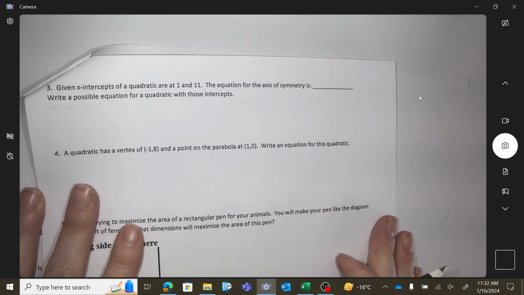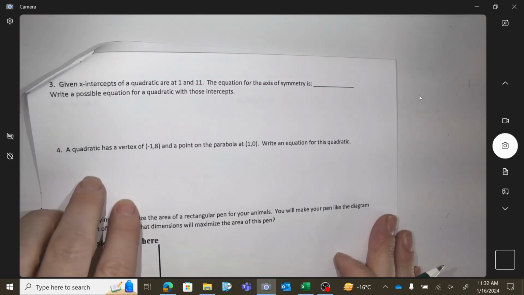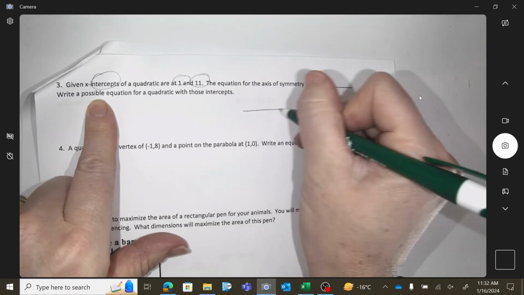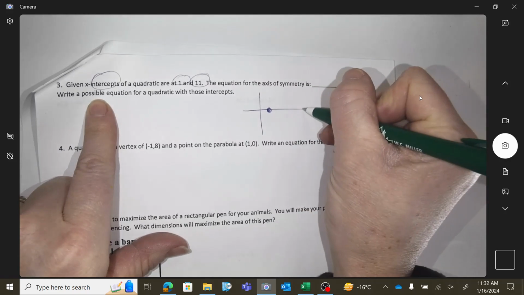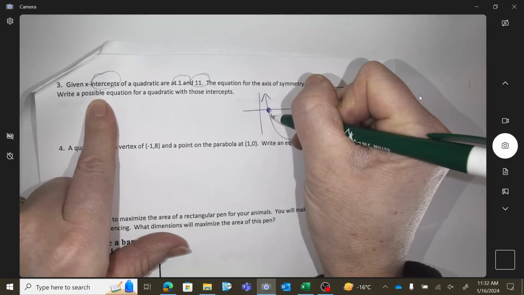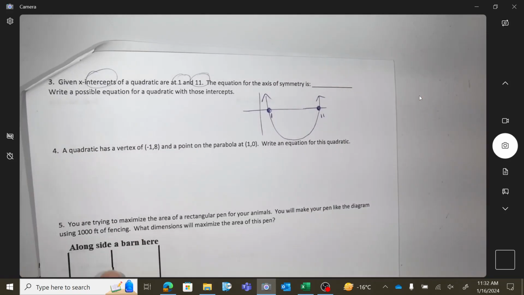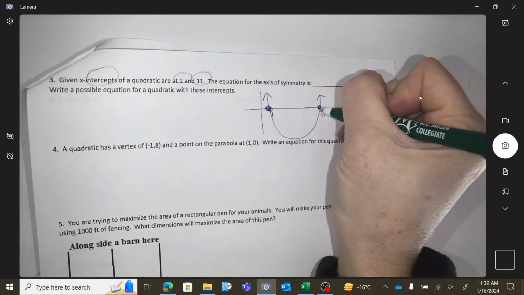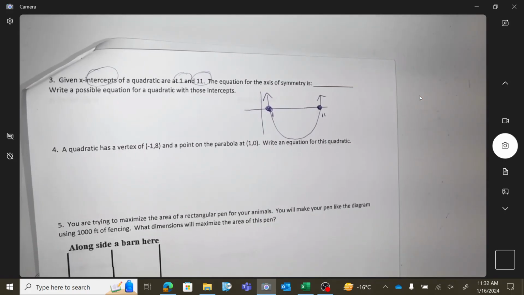Okay, you have a graph. The x-intercepts are at 1 and 11. Can you visualize what's happening at 1 and 11? They have x-intercepts. So where would you put the axis of symmetry? Any ideas where that would line up?